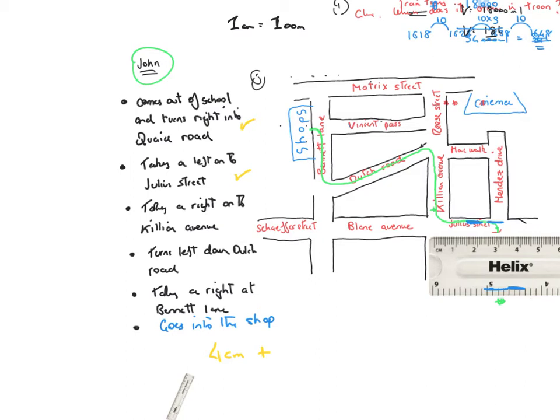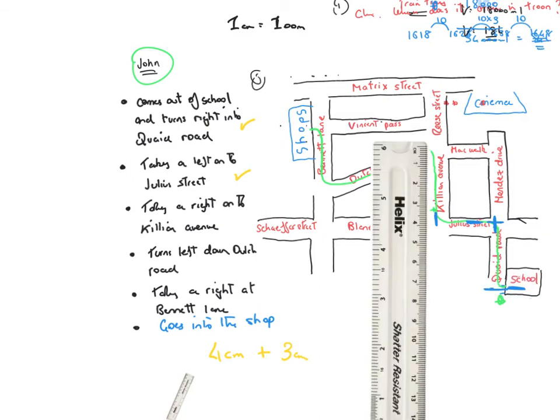Okay, now we can see that that's just about bang on 3 centimetres. Okay, so that's that bit. He then goes up Killian Avenue, so let's measure that bit. Okay, and that's about bang on another 4 centimetres, so let's add that on.